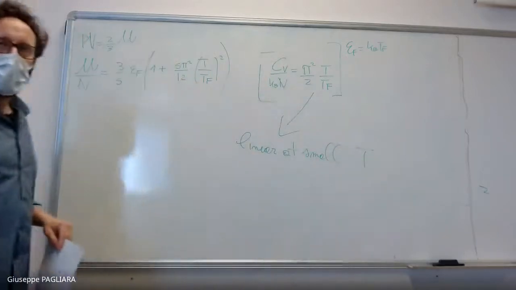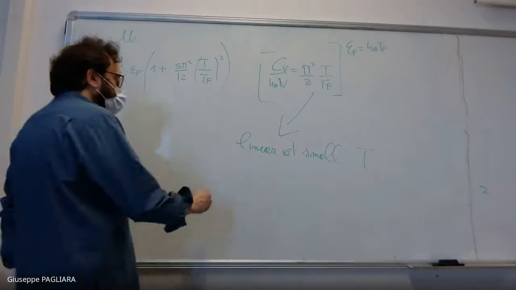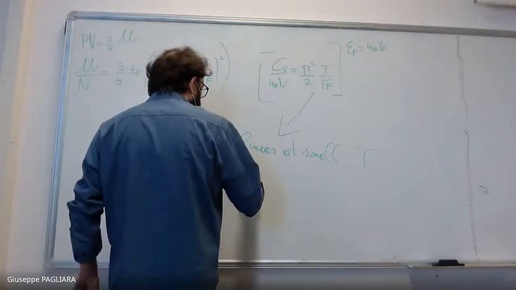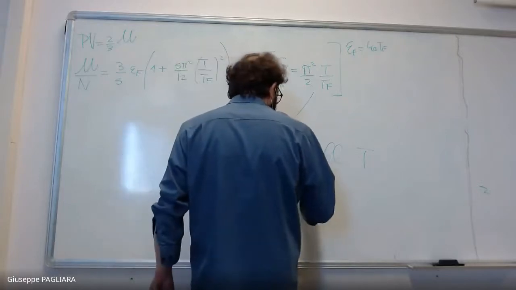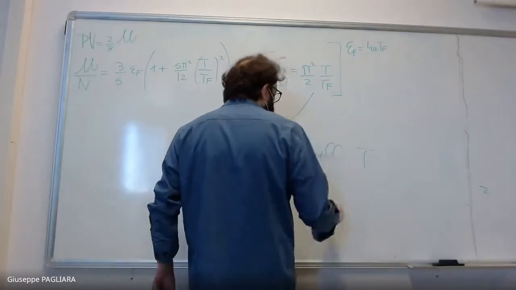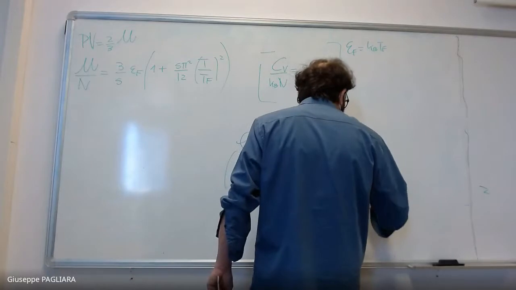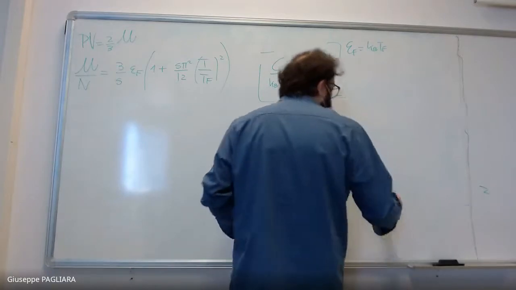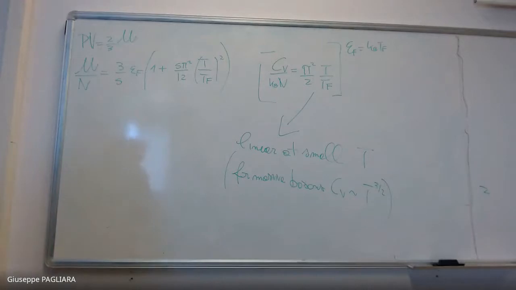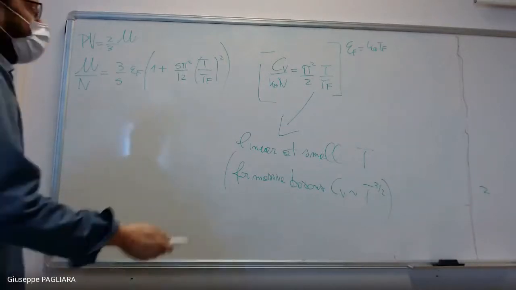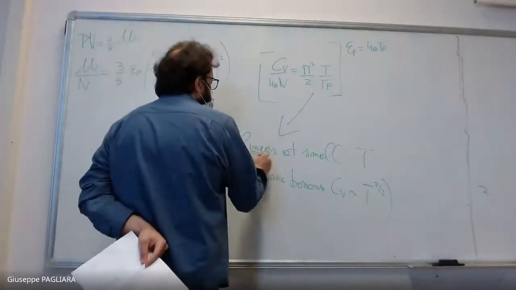As opposed to the case of massive bosons, the heat capacity was scaling as T to the power of 3/2, as we have obtained last week, maybe, for the boson gas at small temperature. Whereas for fermions, this is linear.